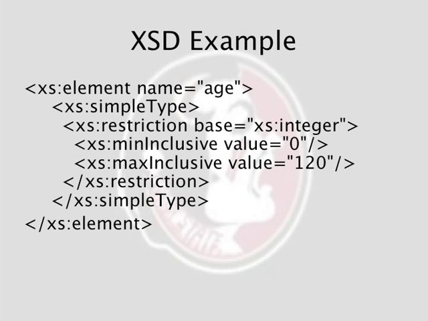You see this element that has a name, age, and it's got a simple type, and the base must be an integer. It could be an integer between 0 and 120. So in order to do that in a DTD, you'd have to have a couple more lines, or you'd have to have it list a regular expression. But in the XSD, you can just have it declared here like so, which is a little more simple.